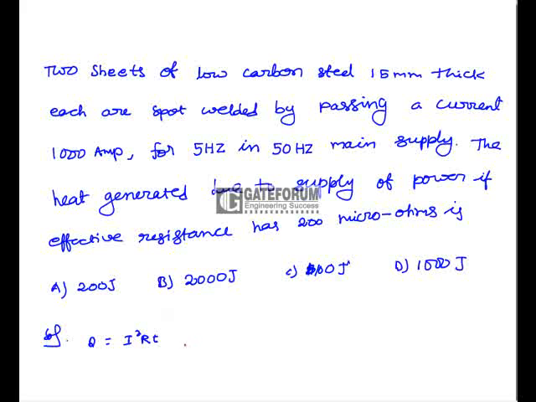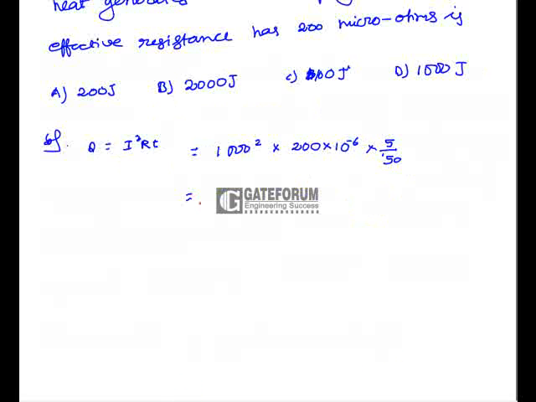So here I is 1000 amps and R is 200 micro ohms, that means 200 into 10 power minus 6 ohms, and the time is given as 5 cycles at 50 Hz, from this we can get time, that is 5 by 50, which gives a value of 2000 joules. So in the options, the right option is B.